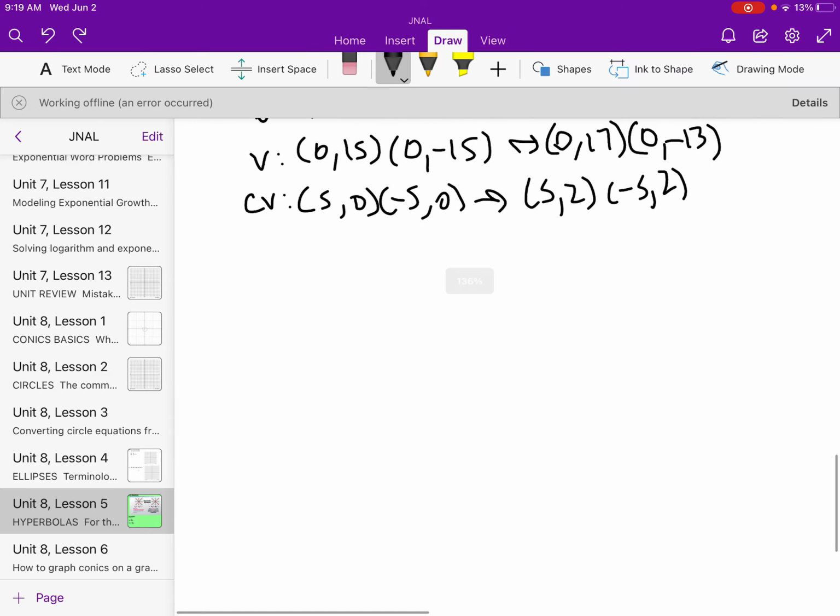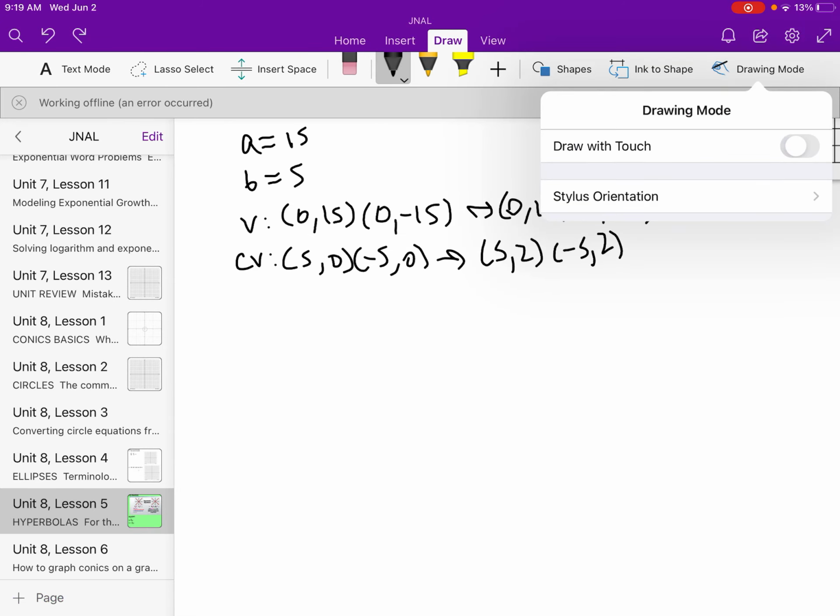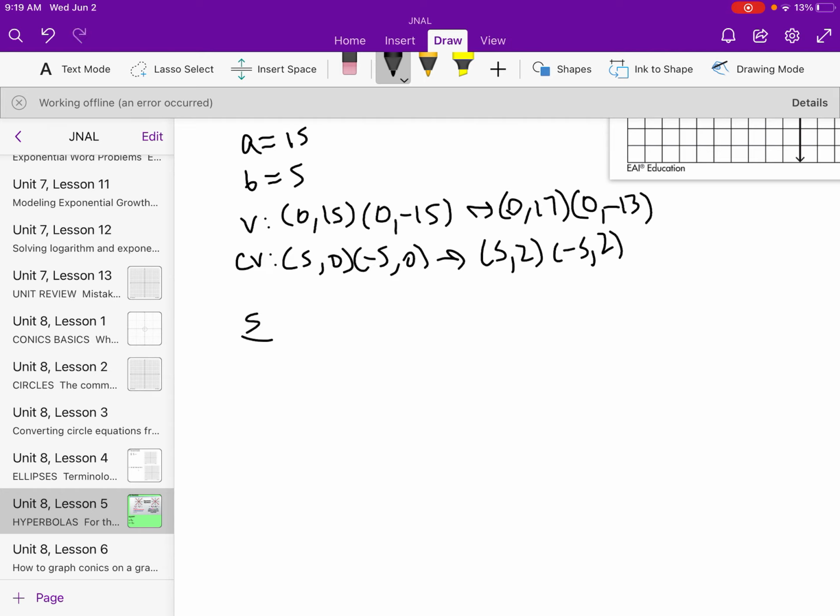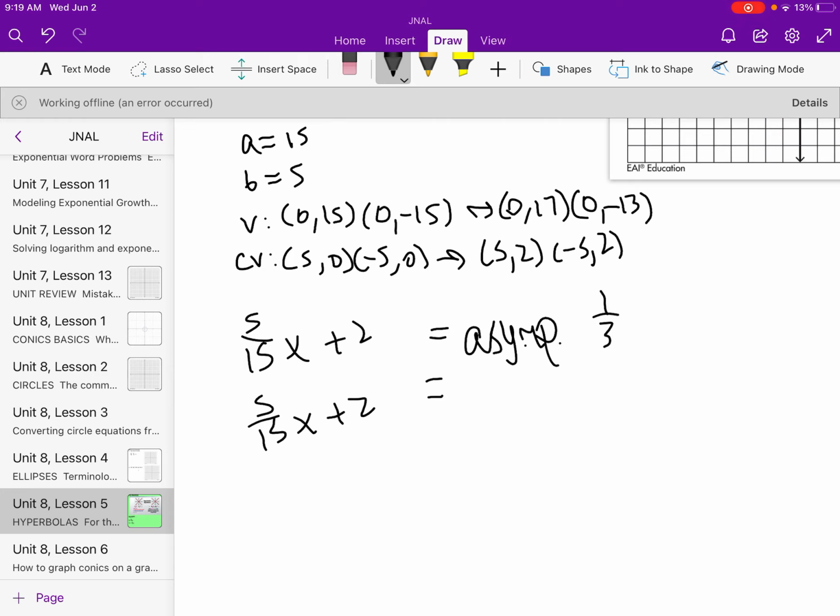So our b divided by a, x plus 2, b divided by a, x, 2. And that means that our slopes would end up being, our asymptotes are, I'll just say, that would be 1/3 x plus 2, and then negative 1/3 x plus 2.